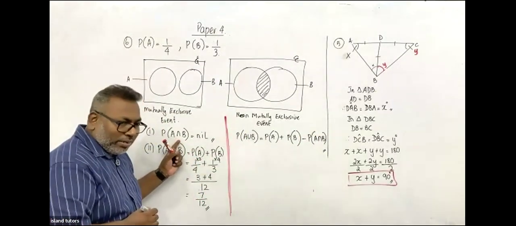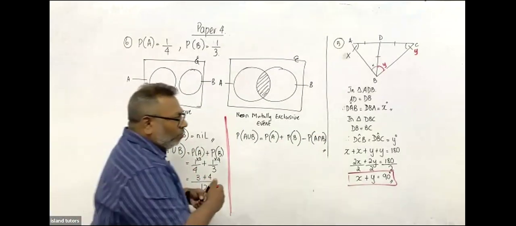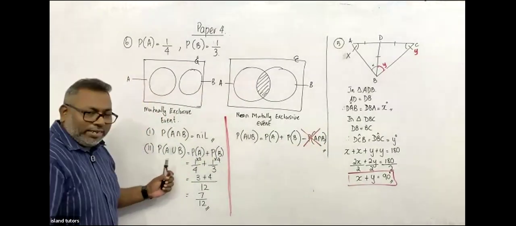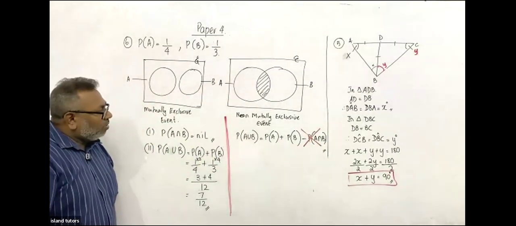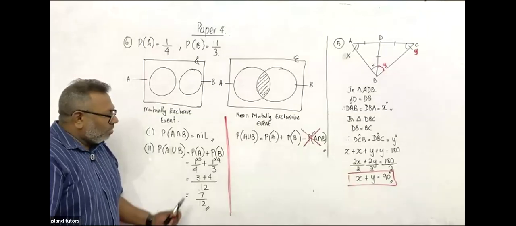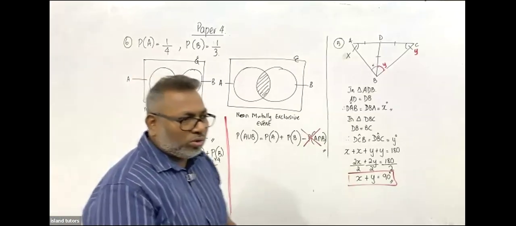Because A intersection B is nil in the mutually exclusive case, this part comes out when you're calculating. Please take this down as a small note quickly.